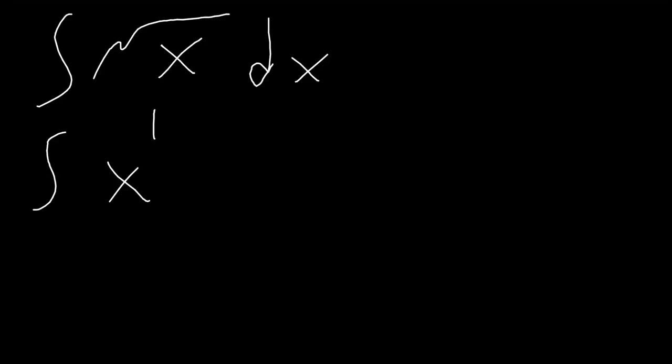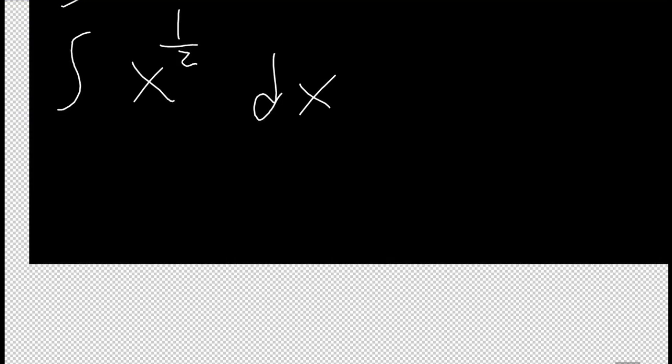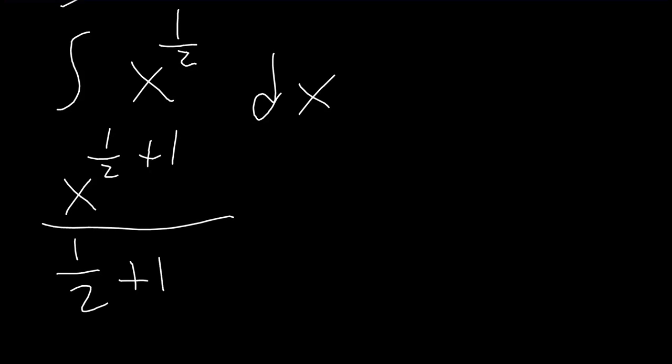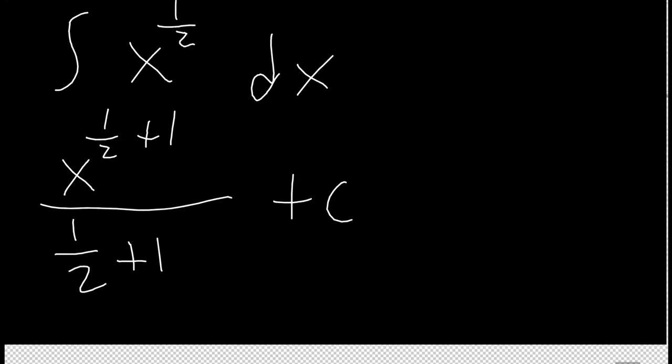So it's going to be x to the 1/2, because that's what the square root means. So it's the antiderivative of x to the 1/2 with respect to x. Now we can just use the power rule. So it'll be x to the 1/2 plus 1 over 1/2 plus 1 plus c.